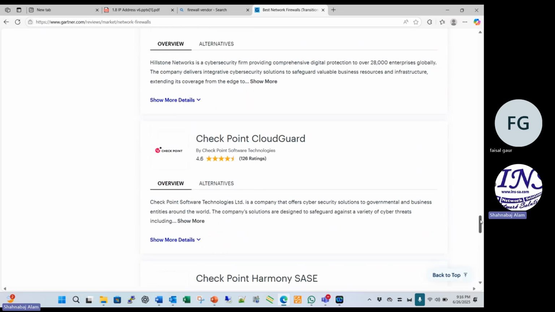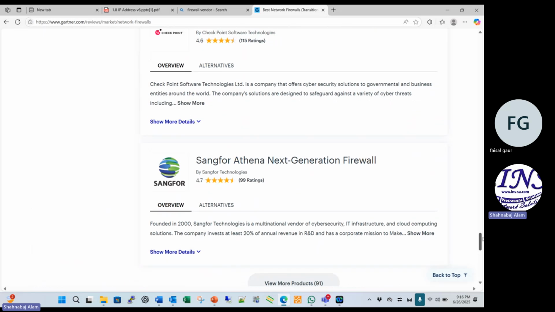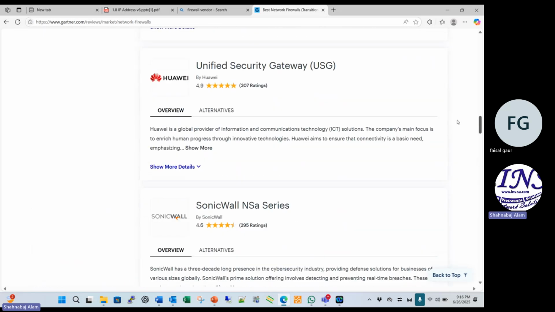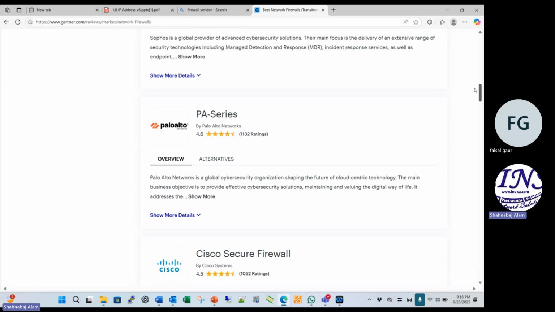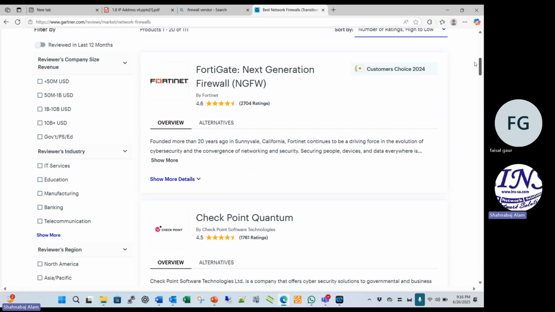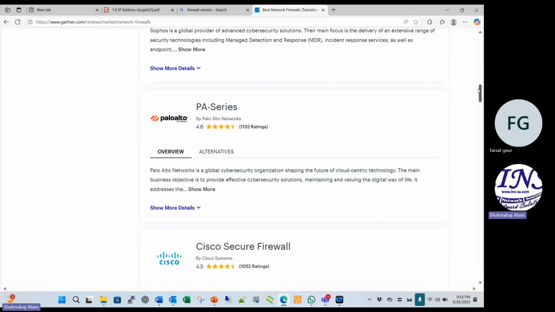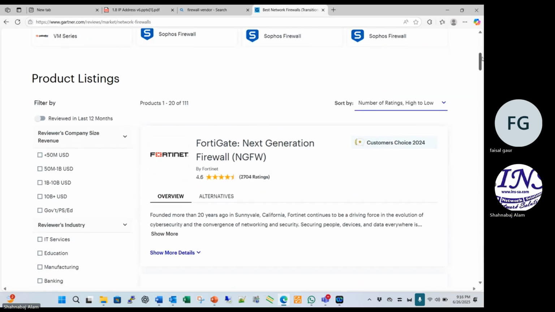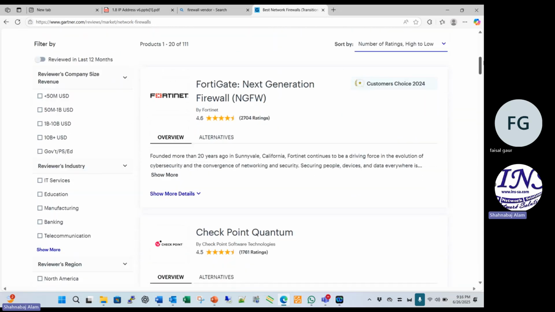There are a lot of leaders in the network security industry, but at the top nowadays are Fortinet and Palo Alto. If you want to see more, you can select the telecom industry and select USD.